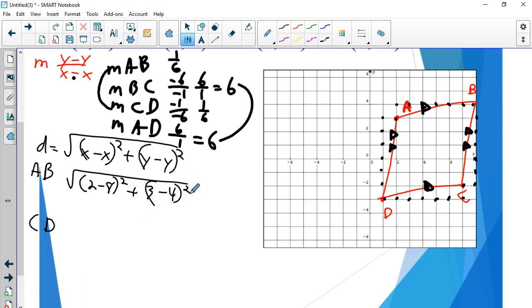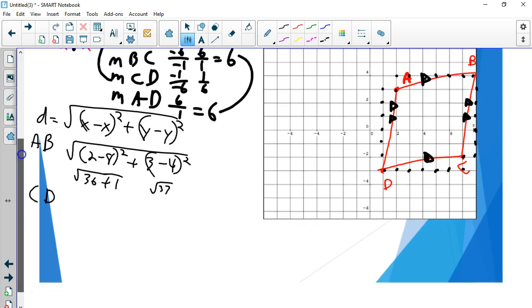But it's not going to matter because when you square them, they become positive. So 2 minus 8 is negative 6. Squared is 36. Plus 3 minus 4 is negative 1. Squared is 1. So this works out to be the square root of 37. And you can just leave it there. You don't need the decimal. We're going to see if we get CD as the same thing.